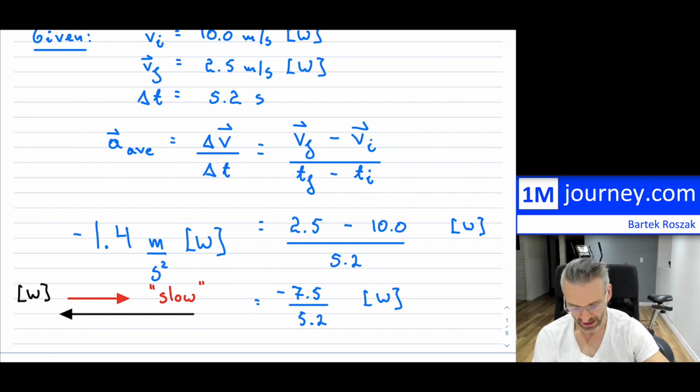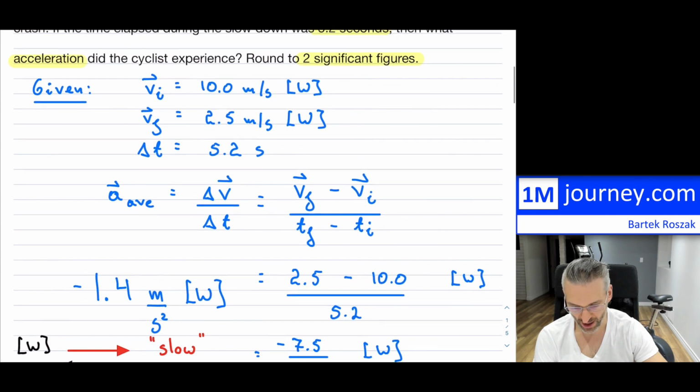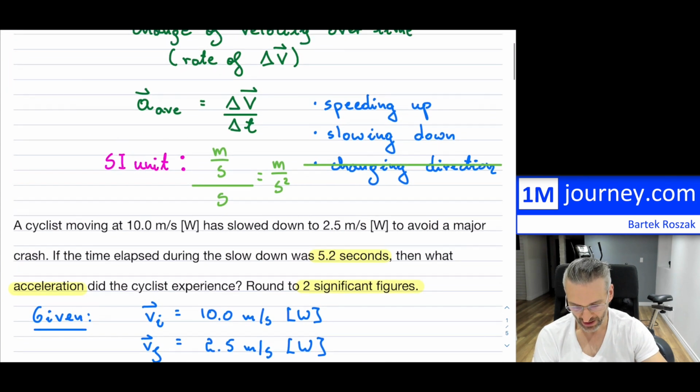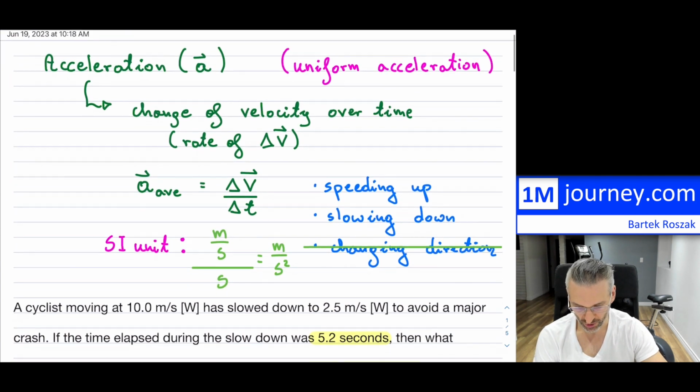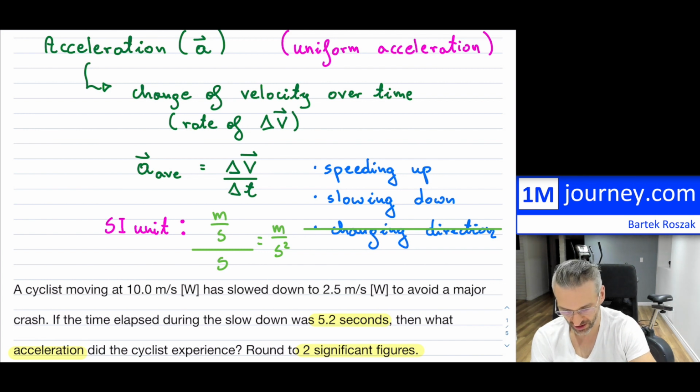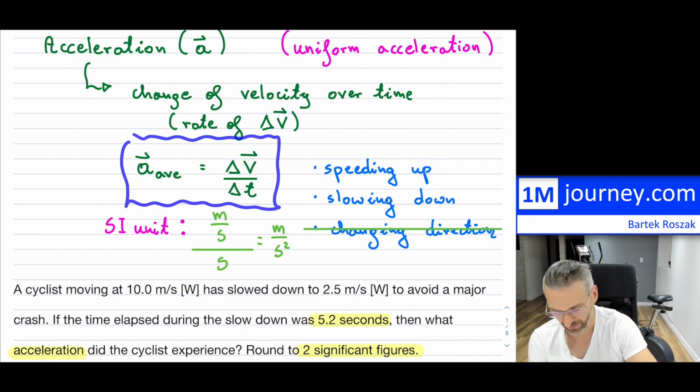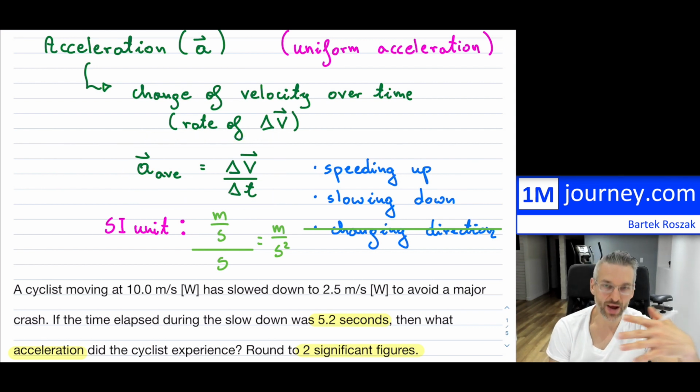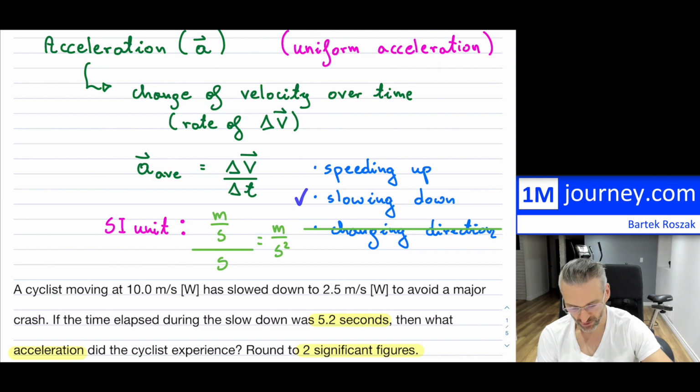So that's how we can calculate accelerations for these. It's not very difficult to utilize this particular formula. I hope you can substitute things in and carry it out. The directions sometimes will throw us off. This was an example of slowing down, and then we had our standard units.